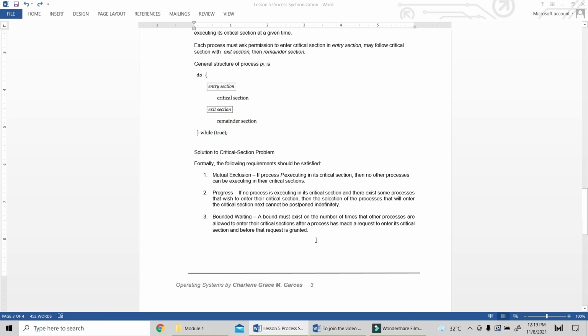So the processes that were not able to access the critical section are bound to wait, because they will be next in the queue in the critical section problem.